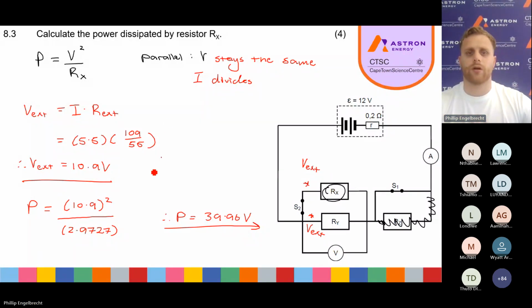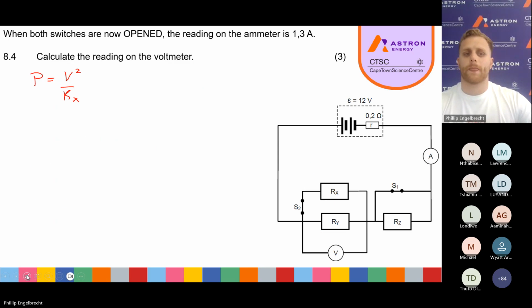So 8.4 says, when both switches are now opened, the reading on the ammeter is 1.3 amps. Both switches are open. So what does that mean? Firstly, there's no longer any current going through resistor X, and there's no current going through this branch.